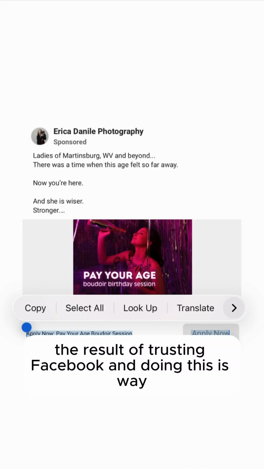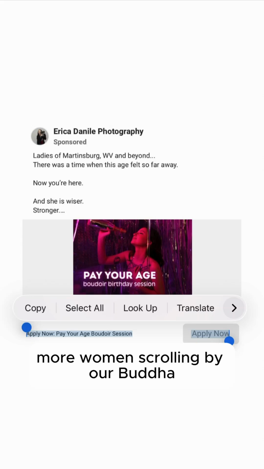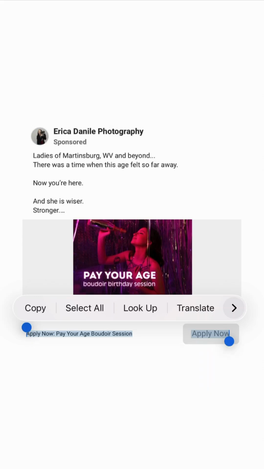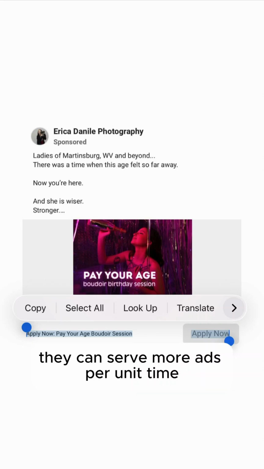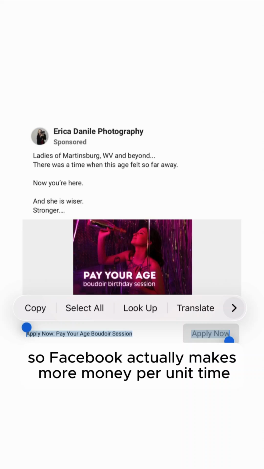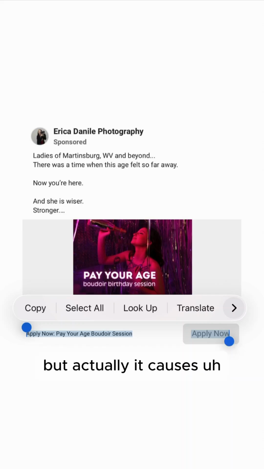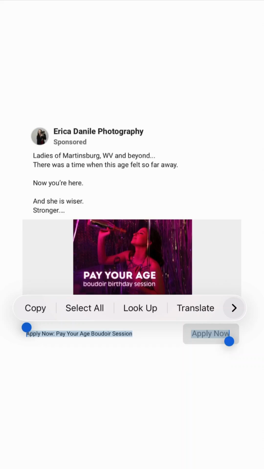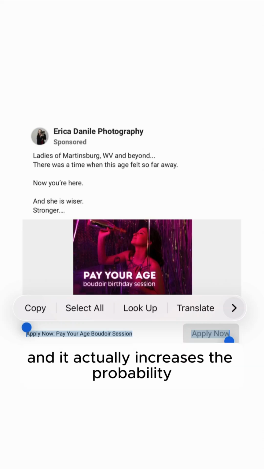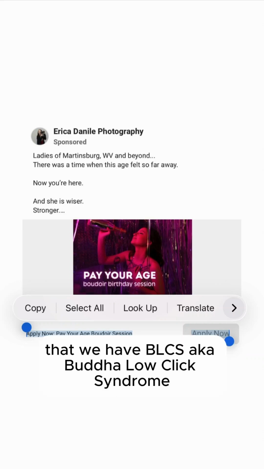The result of trusting Facebook and doing this is way more women scrolling by our Boudoir Facebook ads than necessary, which Facebook likes because they can serve more ads per unit time, so Facebook actually makes more money per unit time. But it actually pulls our unique CTR under 6%, and it actually increases the probability that we have BLCS, aka Boudoir low click syndrome.